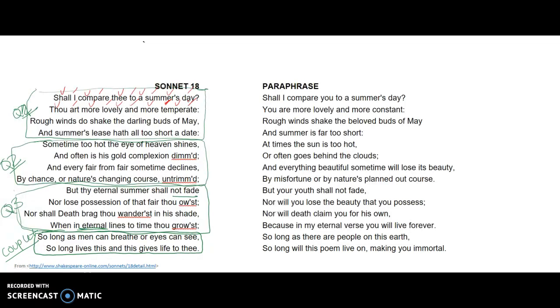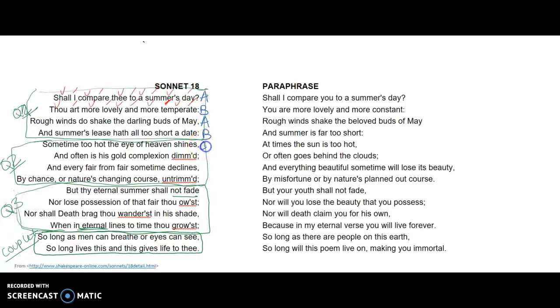Now, let's analyze its rhyme scheme. Day does indeed rhyme with the last syllable of the third line, may. So we will label those A. Temperate, if we pronounce it and we flourish with that pronunciation, it does rhyme with date.